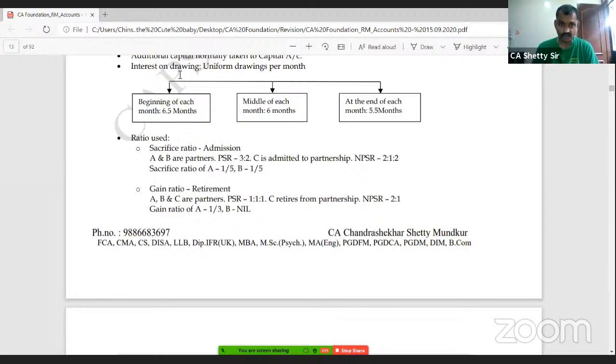One general note you write. This is purely exam oriented. While preparing ledger accounts, be careful with the contra ledger posting.